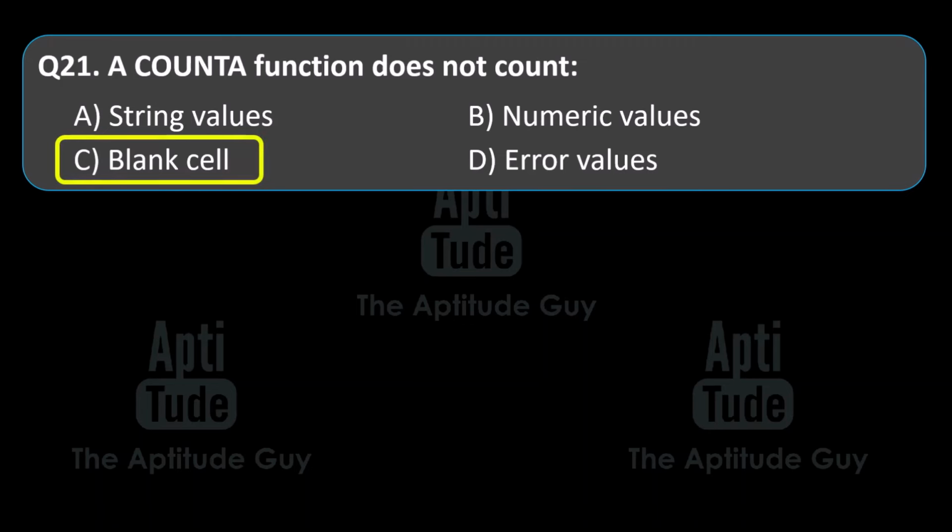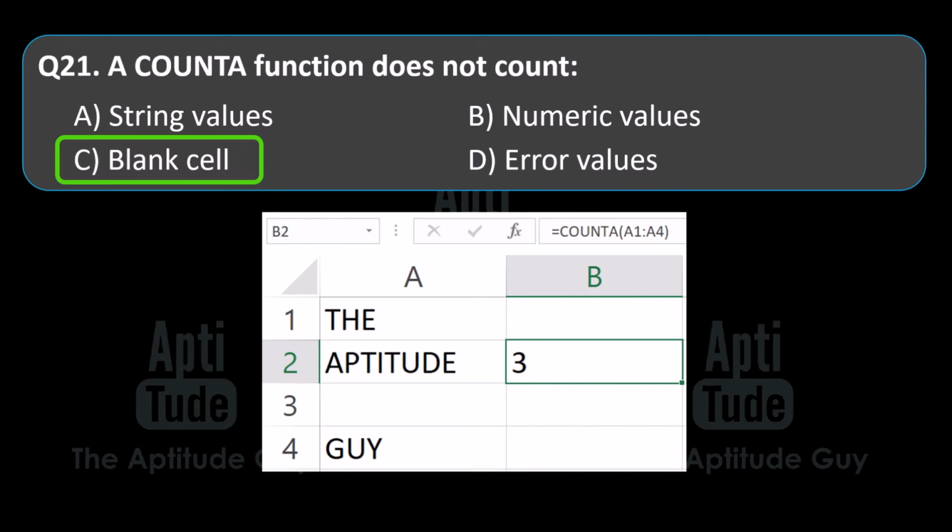Here is an example for the same. As you can see, in the A column, I have filled 3 cells: the aptitude guy, of course, the name of the channel, like, share and subscribe. Now, in this cell, if you type this formula, equal to COUNTA of A1 to A4, basically I have selected this entire thing.